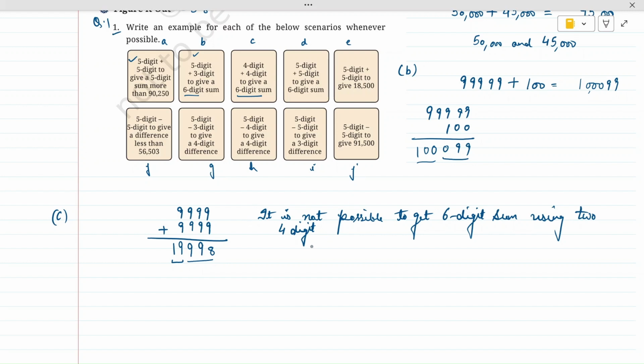So that means we cannot get a 6-digit number using two 4-digit numbers. Okay, so this is done.